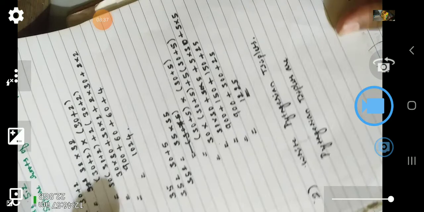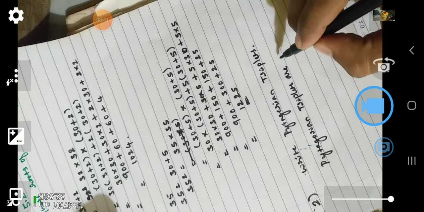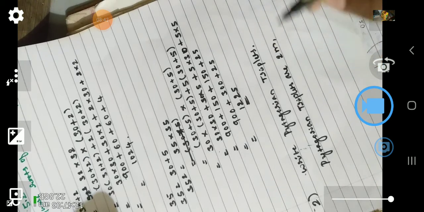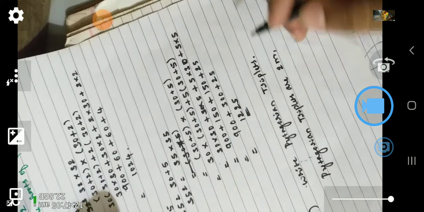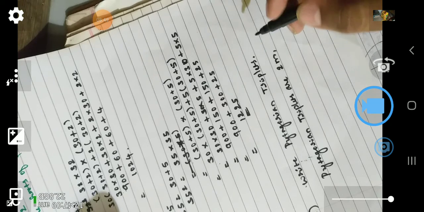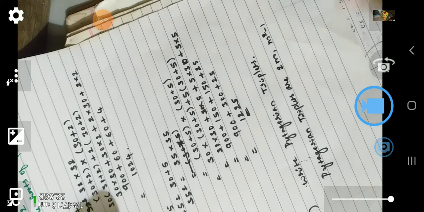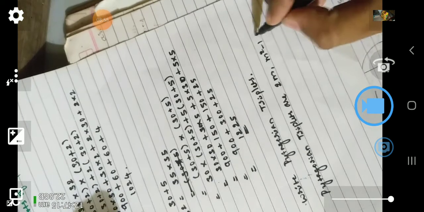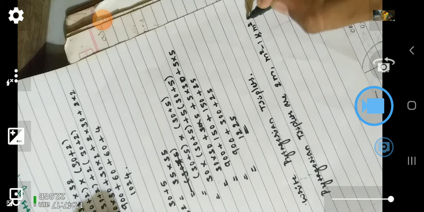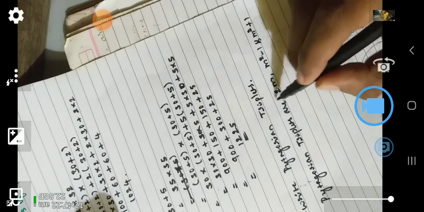Children, you can simply remember, Pythagorean triplets are very simple: 2m, comma, m square minus 1 and m square plus 1. These are Pythagorean triplets.